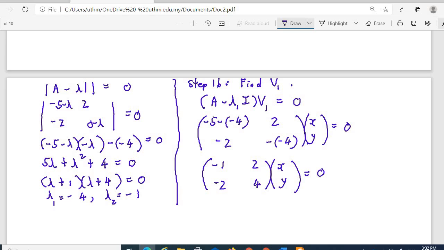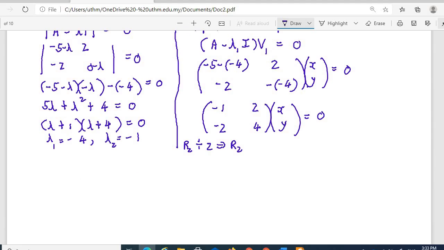You notice that in second row, I divide by 2, and put back to second row. So no changes on your row 1.